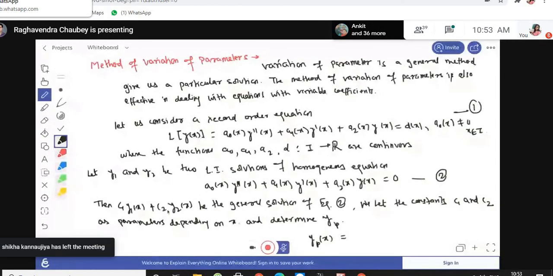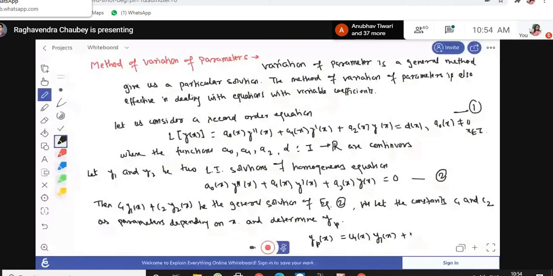These two are not arbitrary constants; they are functions of x. So we consider them replaced by functions u1(x) and u2(x), and we will find the value of u1(x) and the value of u2(x).